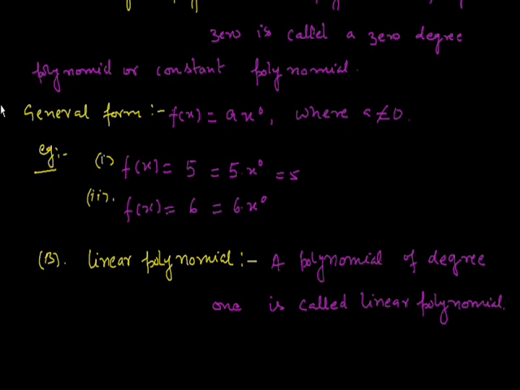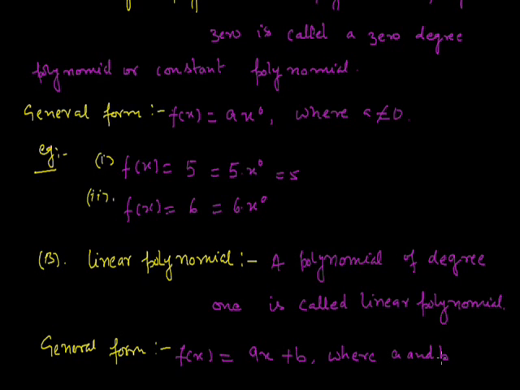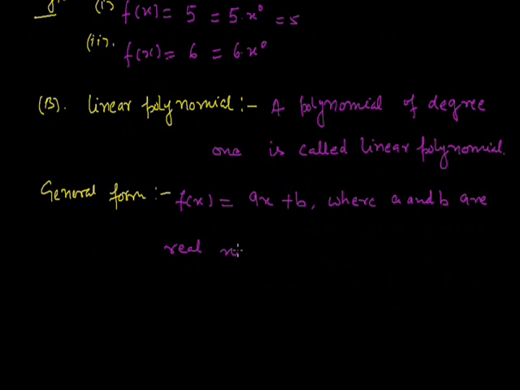General form of the linear polynomial is f(x) equal to ax plus b, where a and b are real numbers and a not equal to 0.